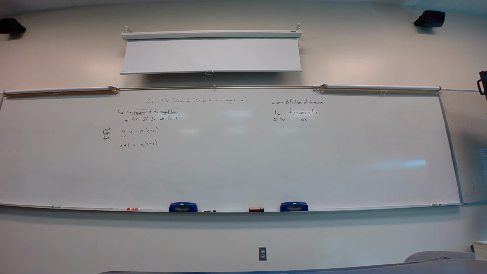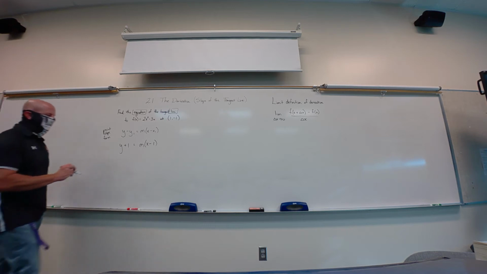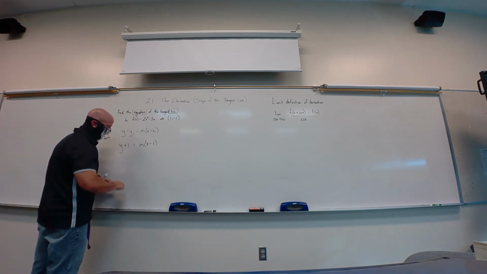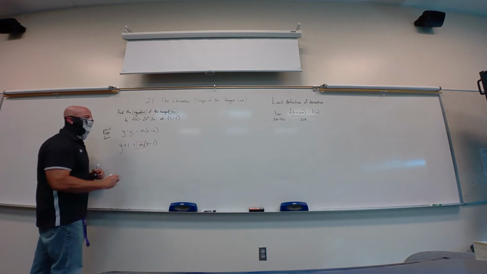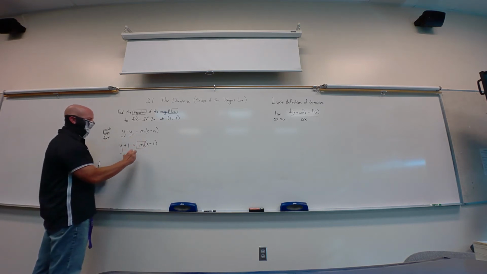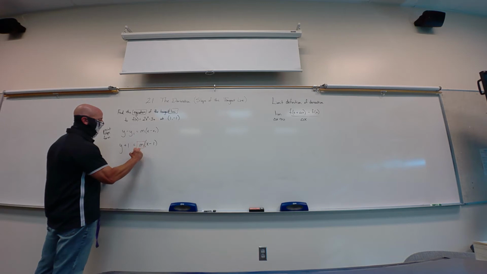Maybe a little out of practice, but once you write it down, it's like, all right, I've seen that. I can throw my point in. I know my point's 1, negative 1. So I've got my x and my y value. Good there. Now I just need the slope. Okay? I need this guy right here, m, the slope, right? The slope of the tangent line is the derivative.